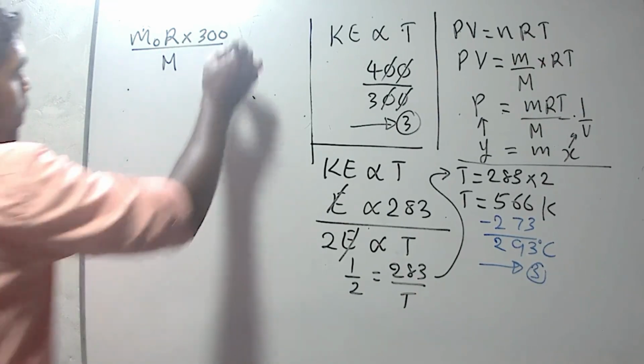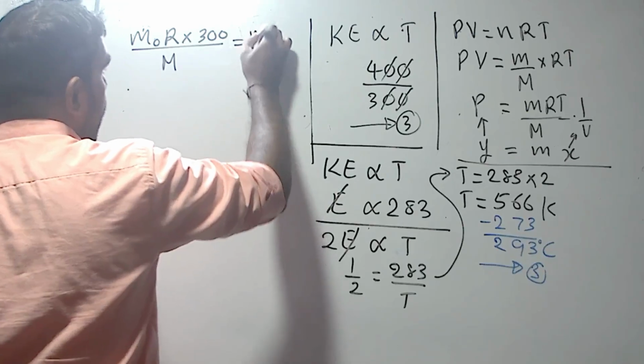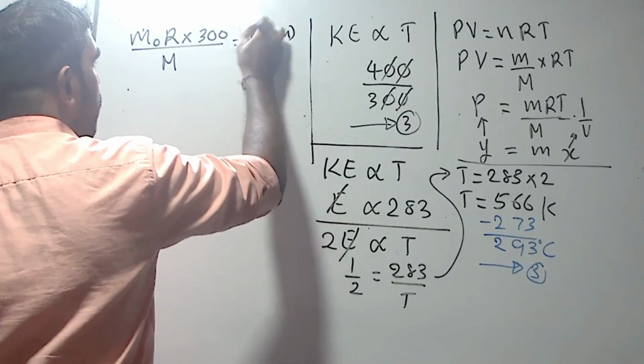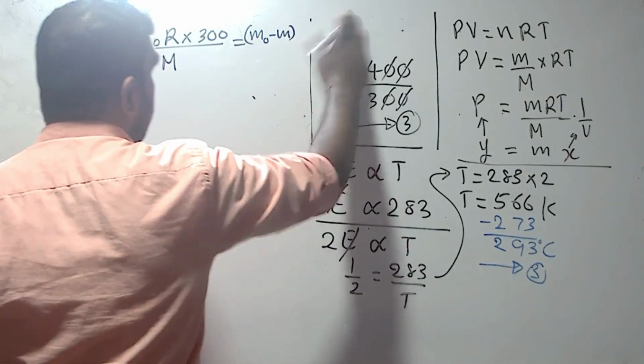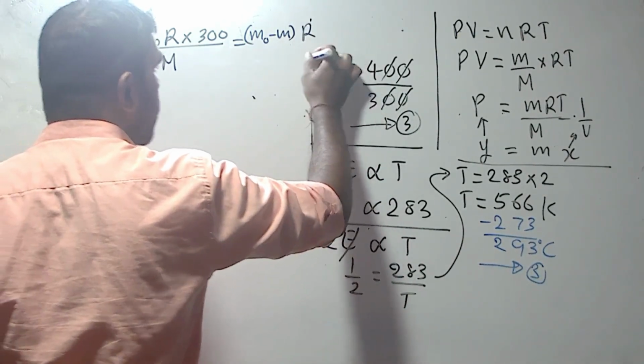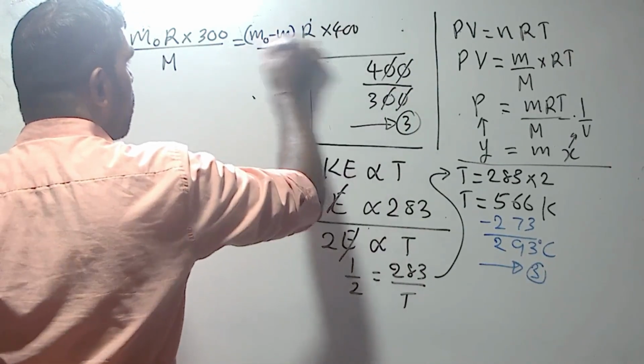It should be equal to, for the final condition, m0 minus m. We have to find this removed mass. Capital R is the universal gas constant, temperature 400, divided by molar mass.